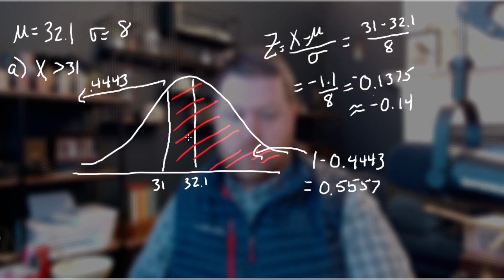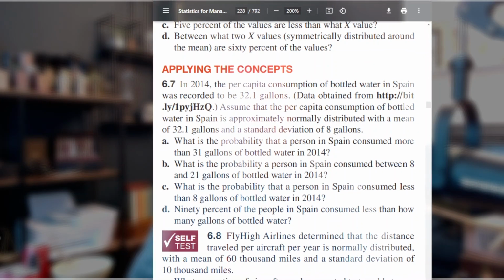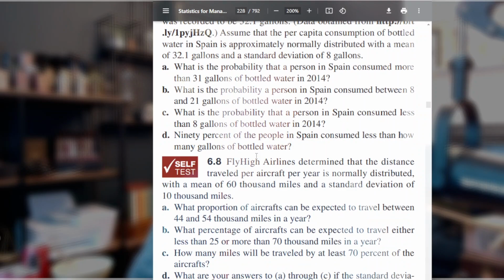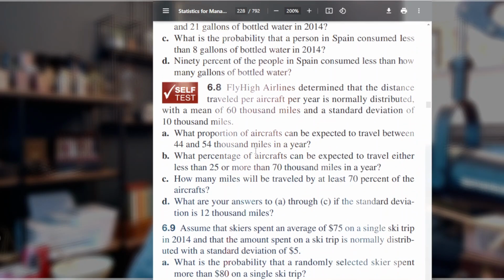Okay. Let's work one more of these problems. Let's work one that we have to find some information in between. So we'll use this same example. Let's see, this one doesn't have any, so let's come down here. Here we go. Fly High Airlines determined that the distance traveled per aircraft per year is normally distributed.